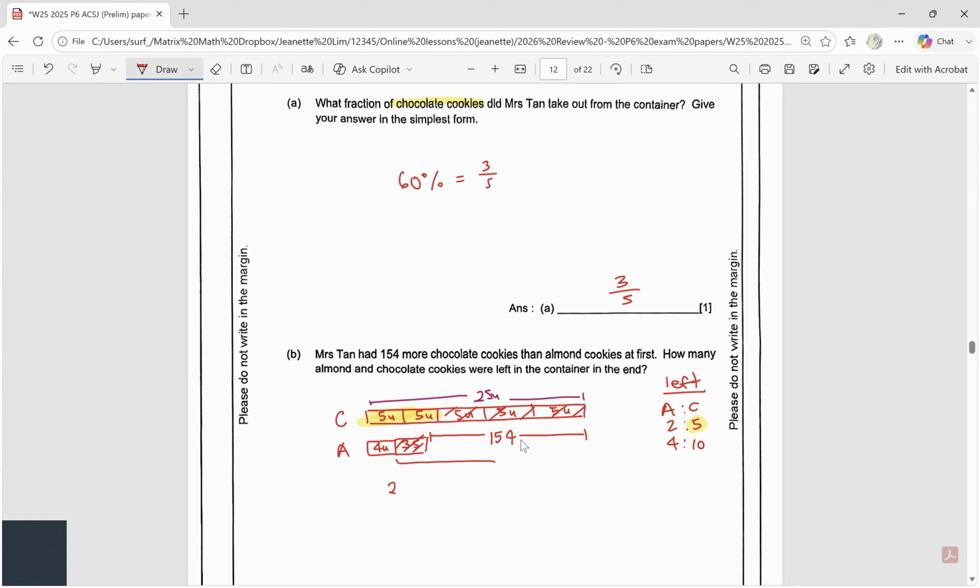So this one, how many units? This is 25 units minus 4 units equals 21 units. So this is 21 units. So 21U is 35 plus 154, which is 189.